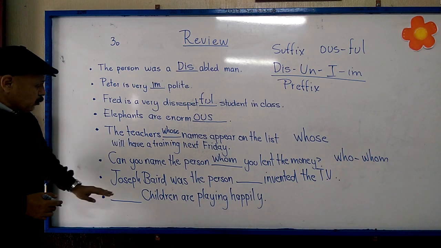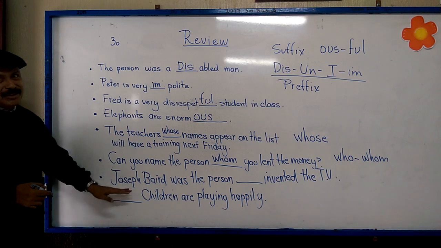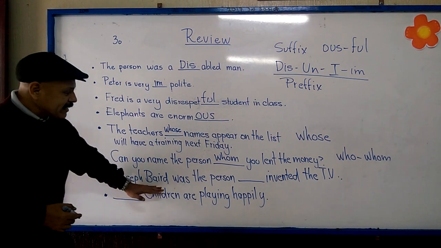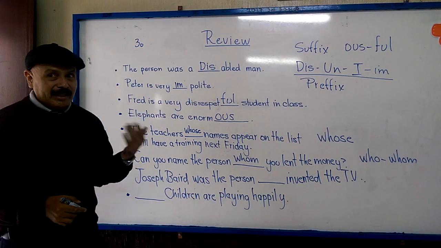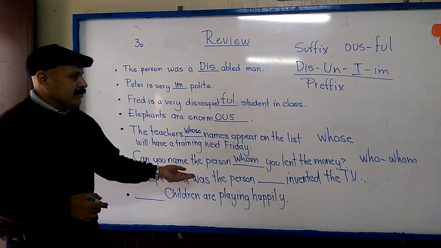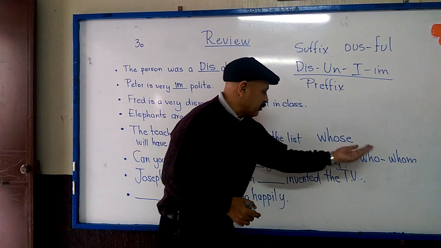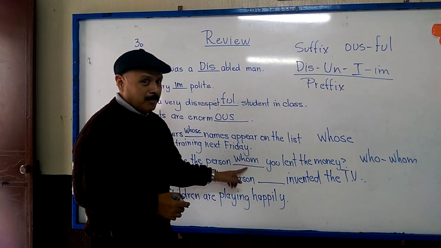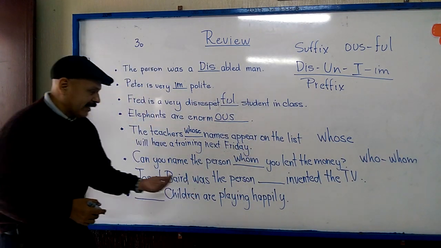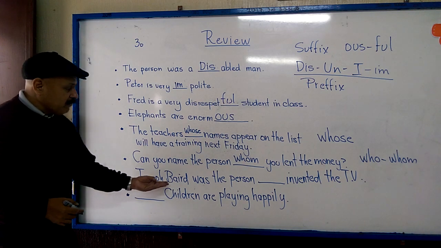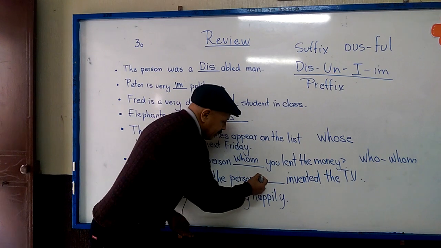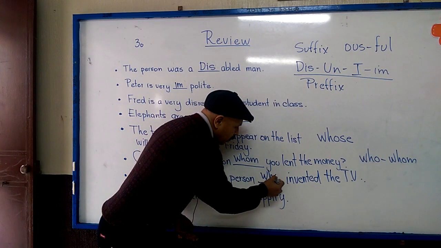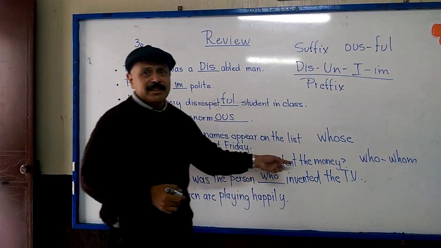Well, the next one, Joseph Bayard. Who's Joseph Bayard? Joseph Bayard was the person, fue la persona, aquí va distinto, aquí es distinto. Fíjense la anterior, la persona que recibió el dinero que prestaron es whom, porque recibe la acción, pero aquí es la persona que realiza la acción. Joseph Bayard was the person who invented the television, fue la persona quien inventó la televisión.